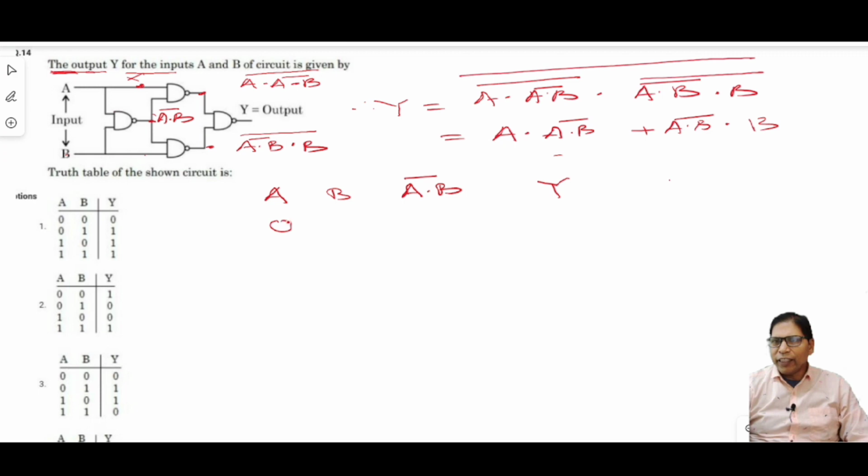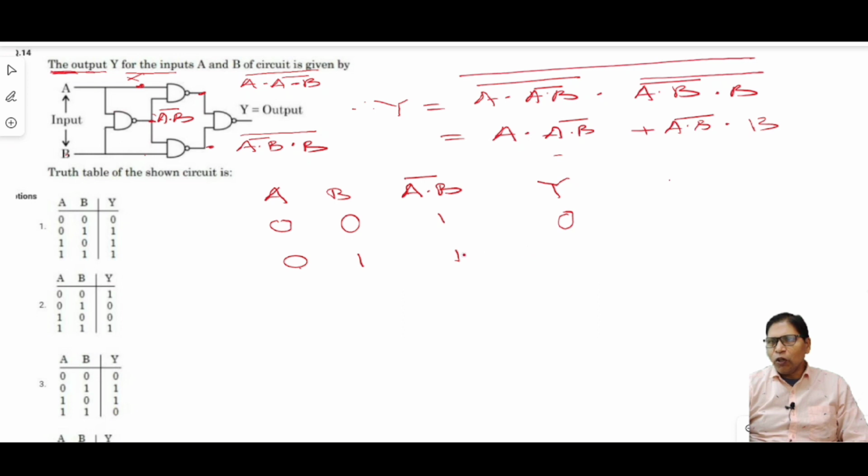This is 0, 0. If 0, so this is 1. Therefore, look at this, 0 and 1 plus 0 and 1, this equals 0. Now 0, 1. Look at this, 0, 1 means this is 1.